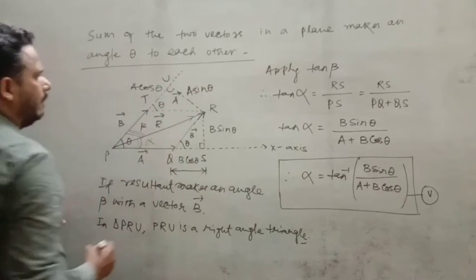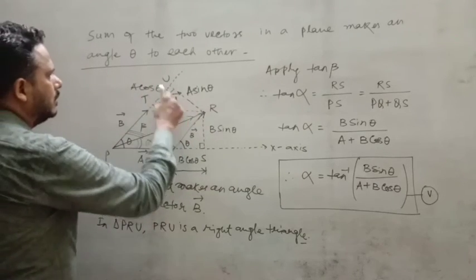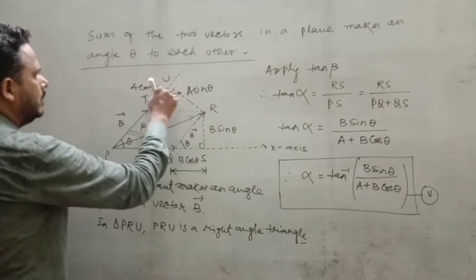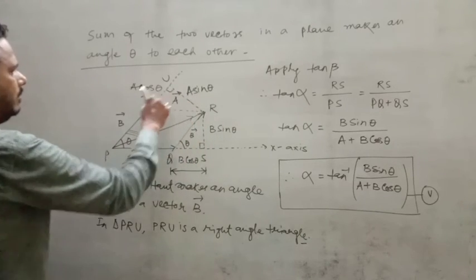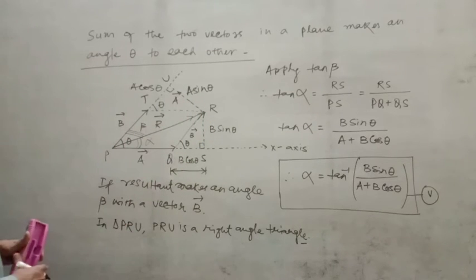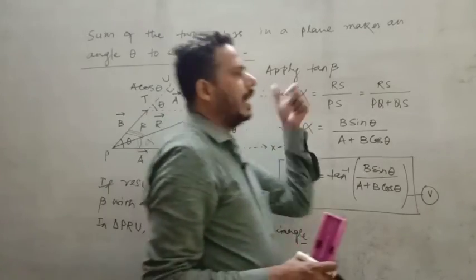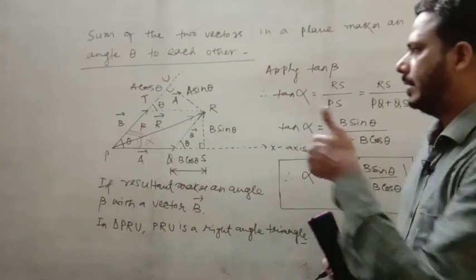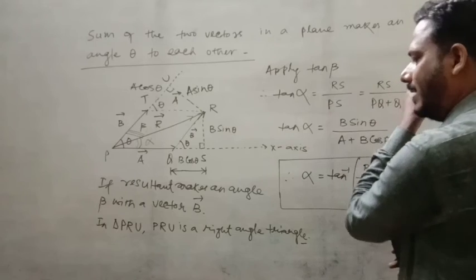You can see from here that TUR is also a right angle. This angle you have to take like that. So very simple, just apply tan beta in that triangle PRU.